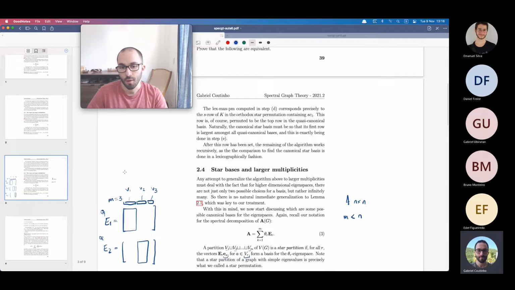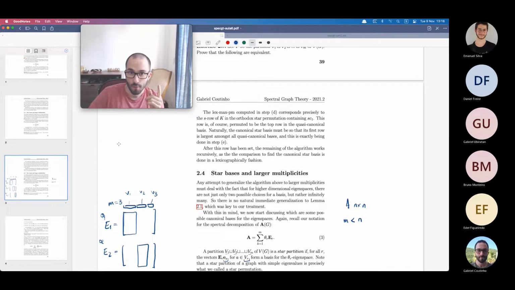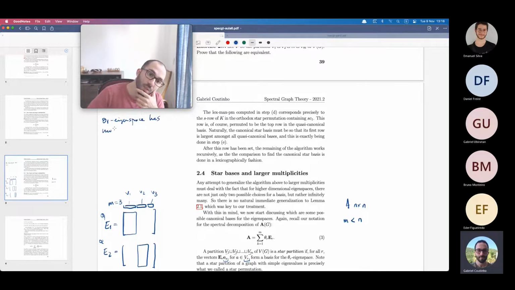Now, you have to remember that each one of these columns is a vector which belongs to the eigenspaces. Right? So, for example, if the theta 1 eigenspace has multiplicity, say, 2, then you pick a basis for it.